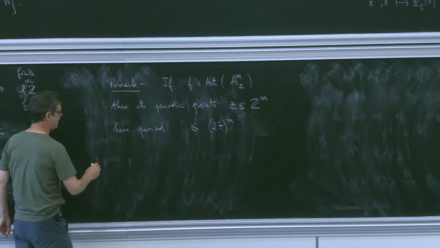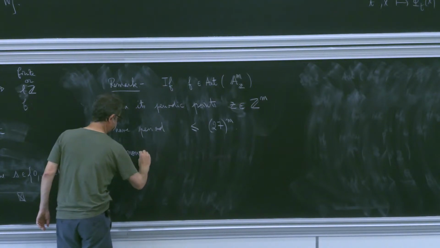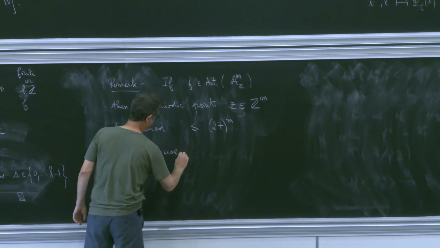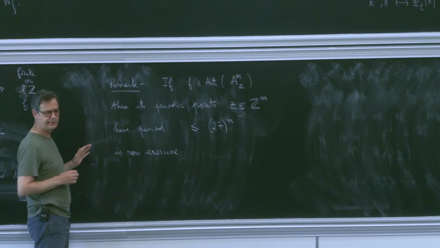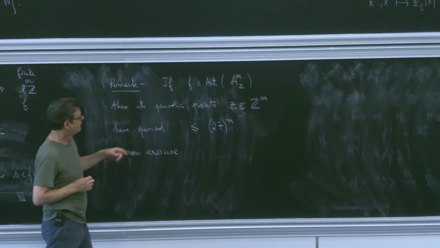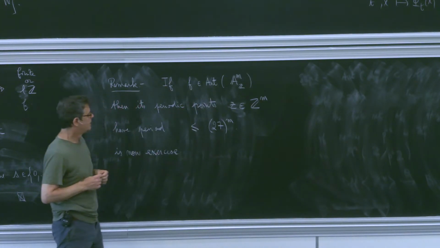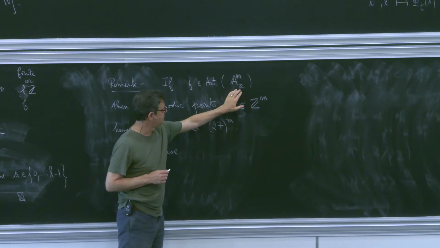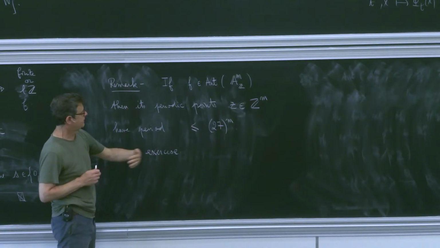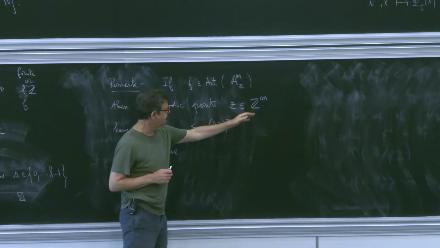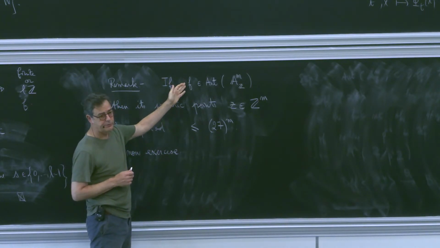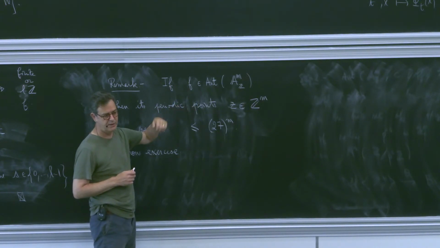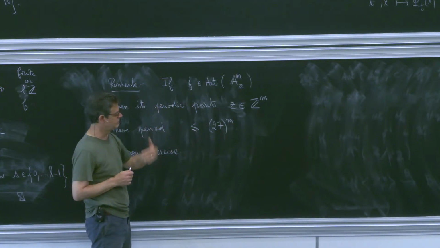Okay, this is now an exercise. Okay. This is what I said at the very beginning. So if you have an automorphism of the affine space defined by integral formulas such that all the integer points have periodic orbits, then in fact the transformation is itself of finite order. To prove it, you just have to prove that there is a uniform bound on the periods of the points, you know, the length of the orbits.